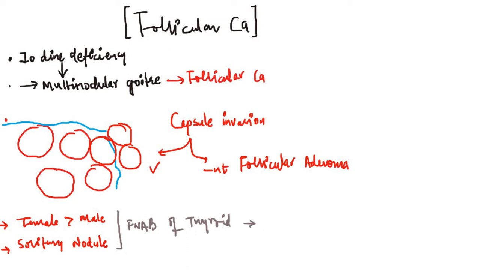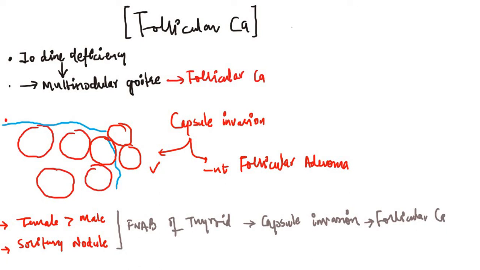Let's say that it is follicular, then you are sure that it is some follicular lesion which may be adenoma or which may be carcinoma. And to differentiate whether it is an adenoma or carcinoma, you will just look for the capsule invasion. If the capsule invasion is present, that means you are sure that it is a case of follicular carcinoma. So this is the whole idea of the diagnosis of follicular carcinoma.